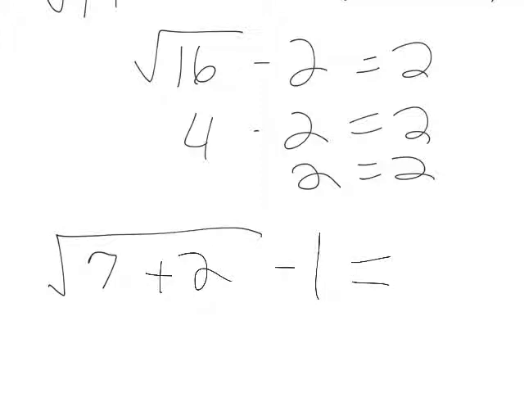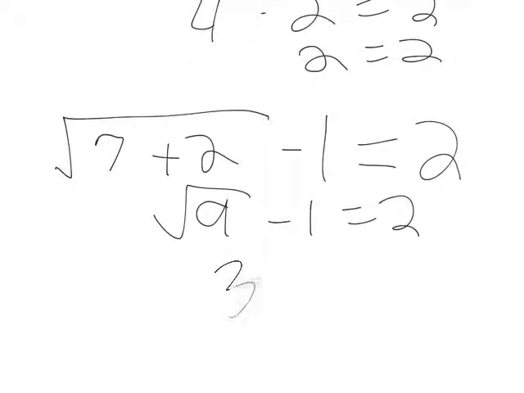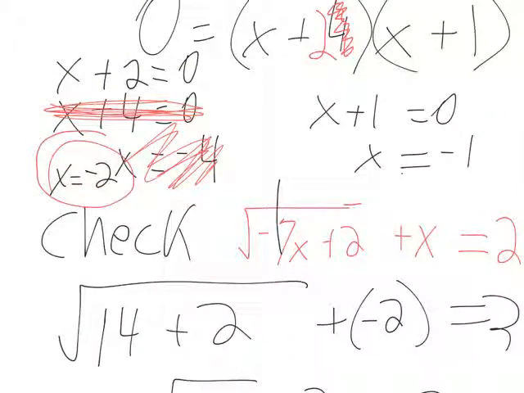So -1 is equal to 2. Square root of 9 minus 1 equals 2. This one's going to work also. So that's going to give me 3 minus 1 equals 2. 2 equals 2. Okay, that one works too. So we get to keep both of them. So x equals -2 and x equals -1.